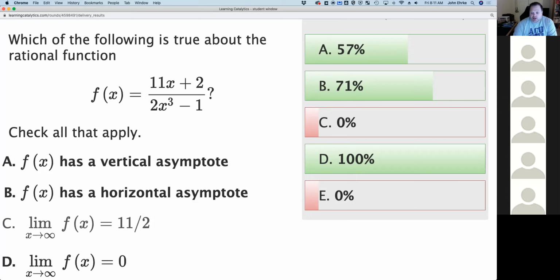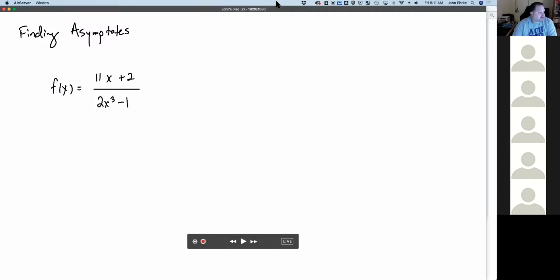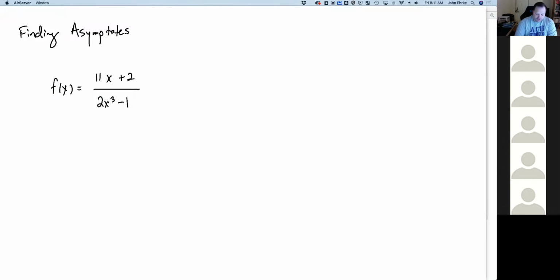So let's take a look at it together real quick and remind you of a couple of the results from Wednesday's class. So if this is our function, if we're looking for a vertical asymptote, then we're looking for places where the denominator is 0. So I'm going to set the denominator equal to 0 and solve for x.